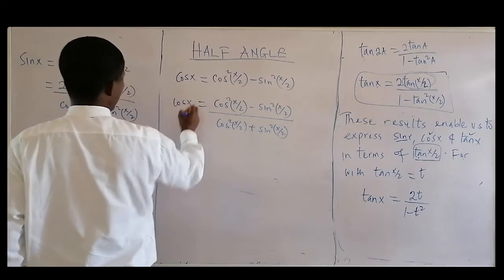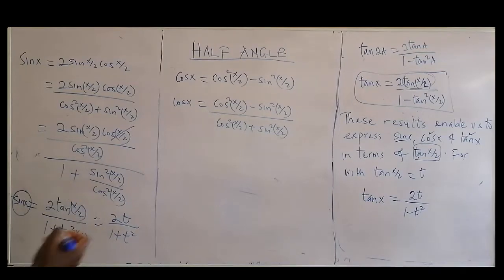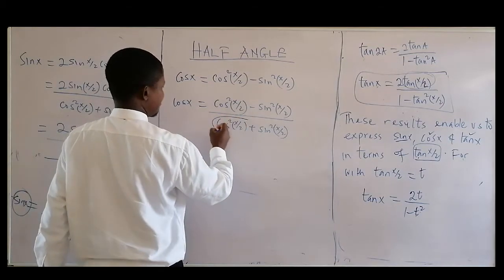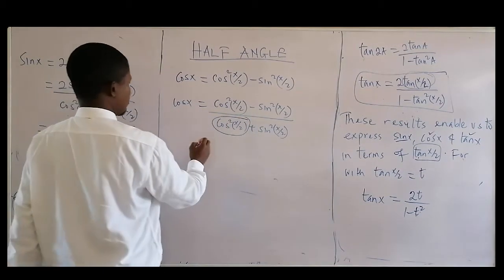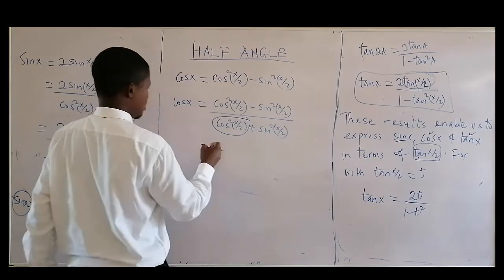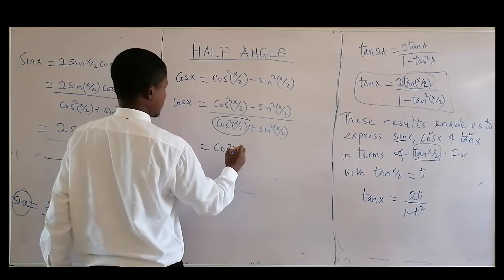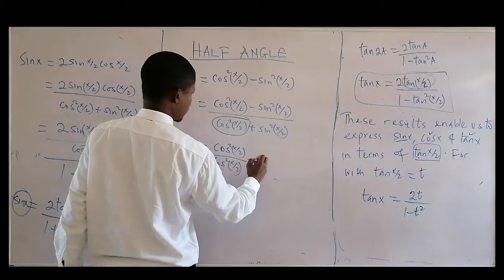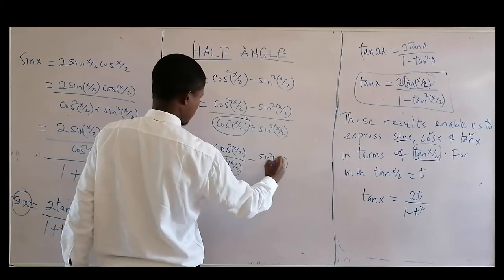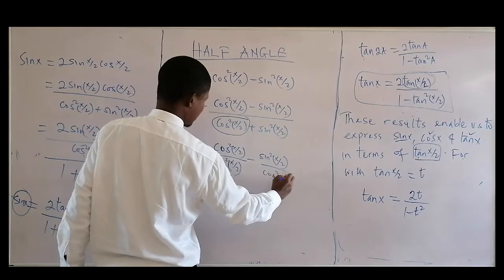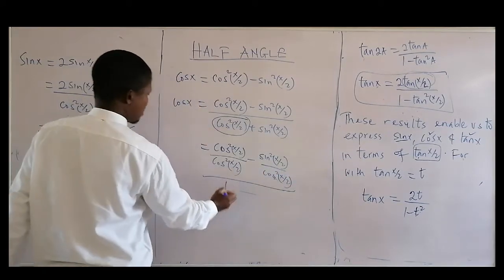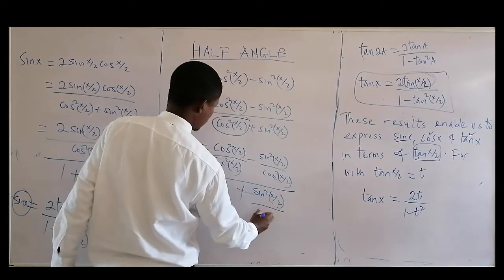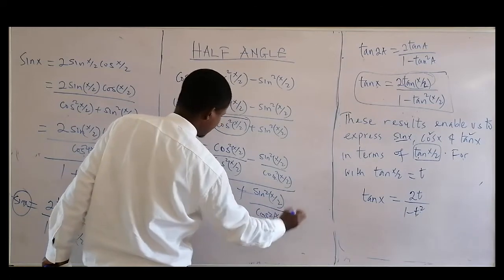Okay? And why are we doing that? We want to generate tan x over 2. That is the essence of that. Then divide the numerator and denominator by this. And that will be equal to cos square x over 2 over cos square x over 2 minus sine square x over 2 over cos square x over 2, all over 1 plus sine square x over 2 over cos square x over 2.